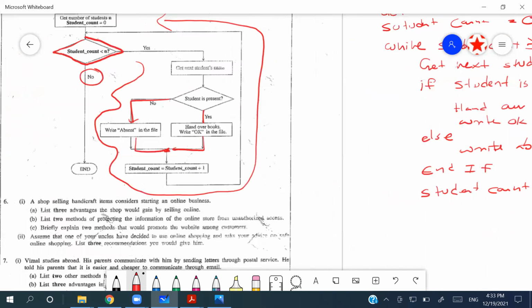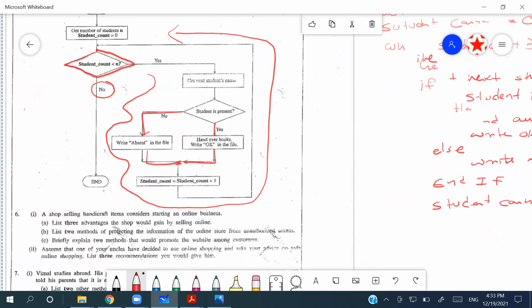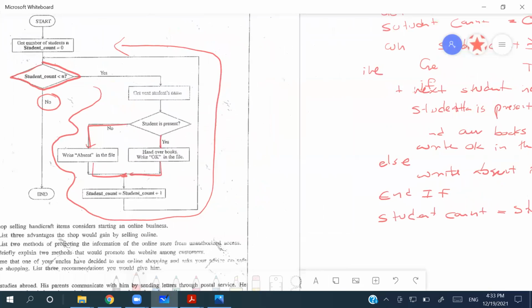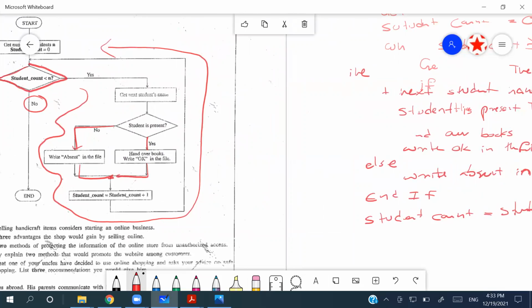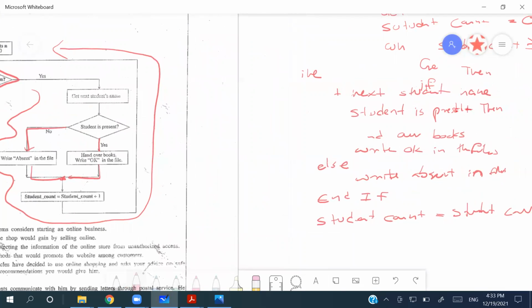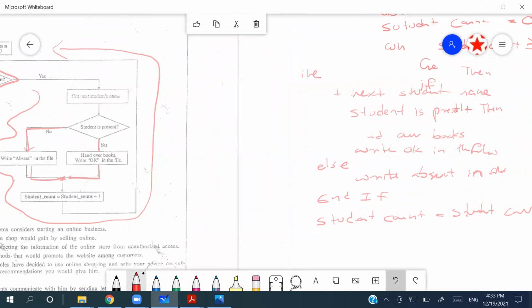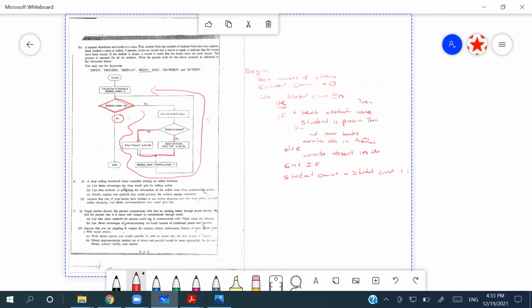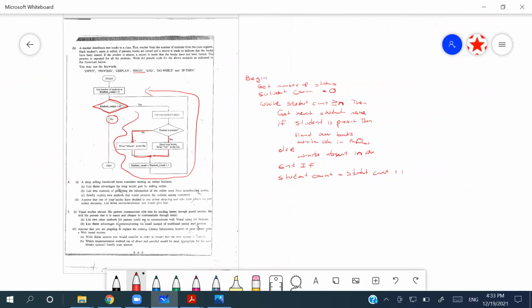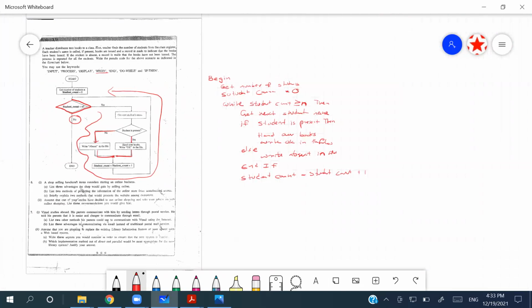Right. So then after, it's the no path of the iteration. That means it should end while. Then the end.